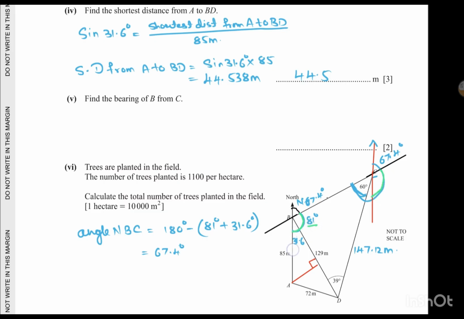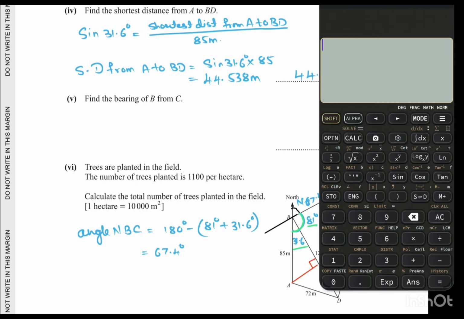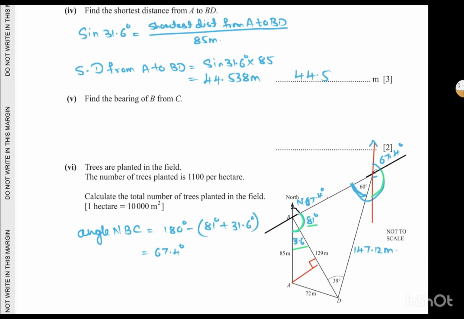So that is 81 plus 31.6. So 81 plus 31.6 is how much? 81 plus 31.6 is equal to 112.6. So 112.6, this is the angle we get.